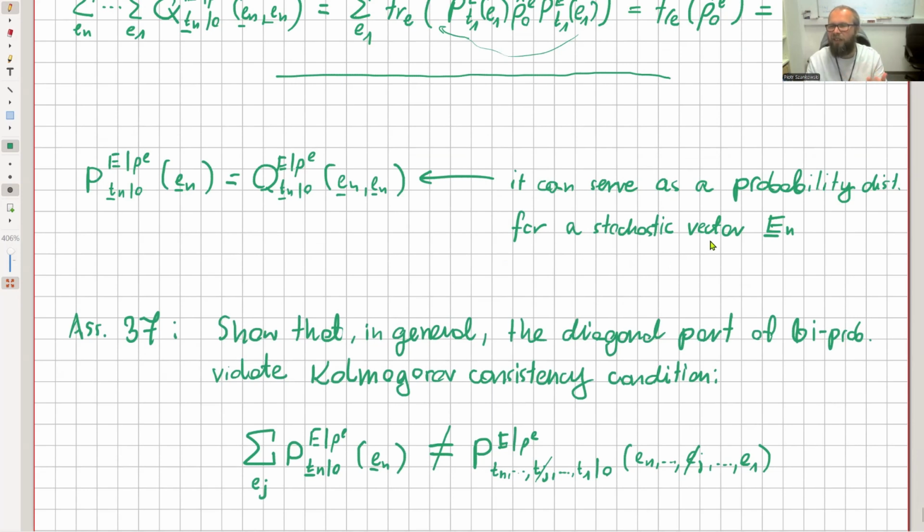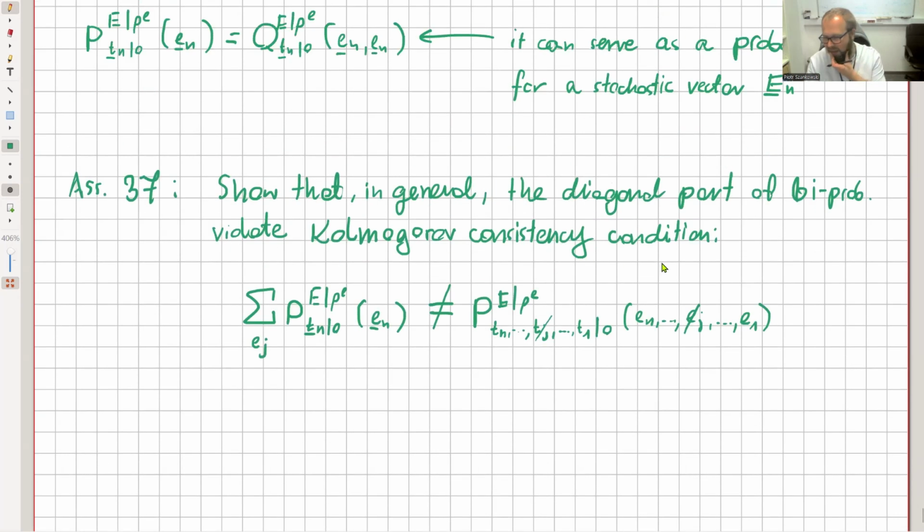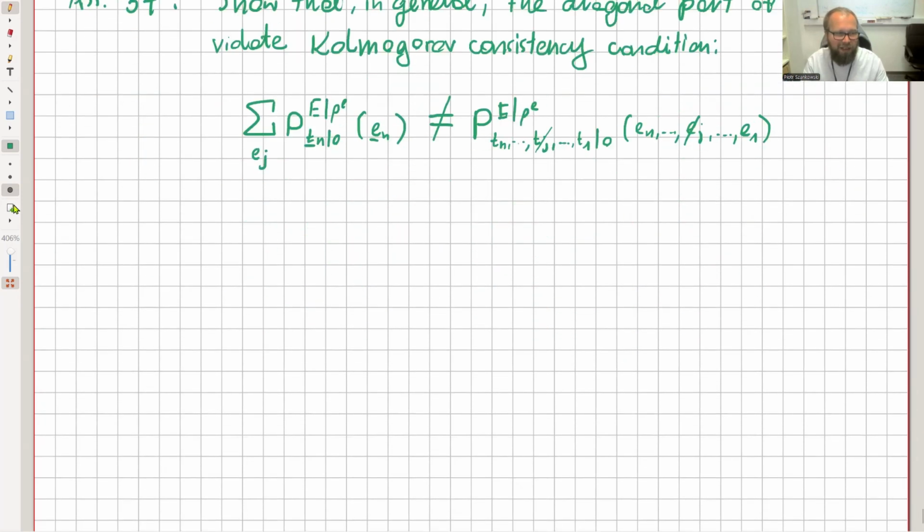They are just vector stochastic variables. So let's show that this is the case: that quantum mechanical distributions are not like classical distributions, which is how it's supposed to be.